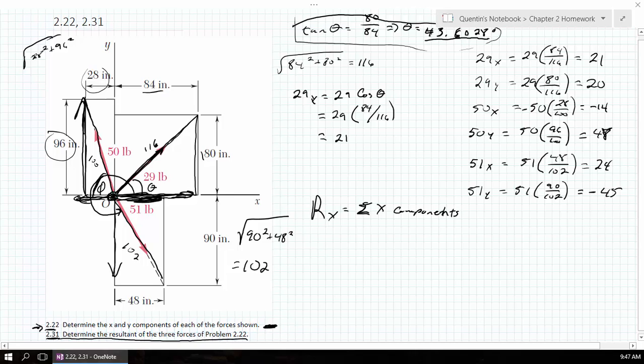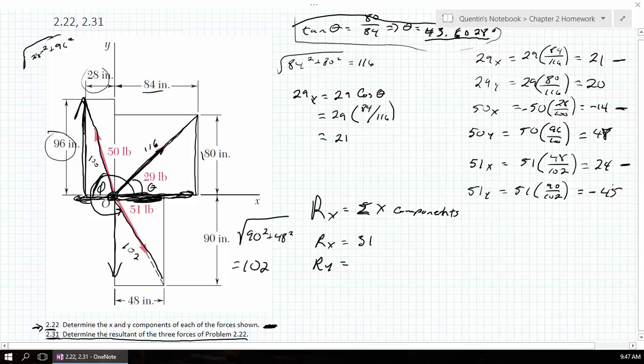Okay, so what do we have? We have 21 minus 14 and 24. So you just add them up, and so R in the x is equal to 31, and R in the y is equal to the same deal, 20 plus 48 minus 45.